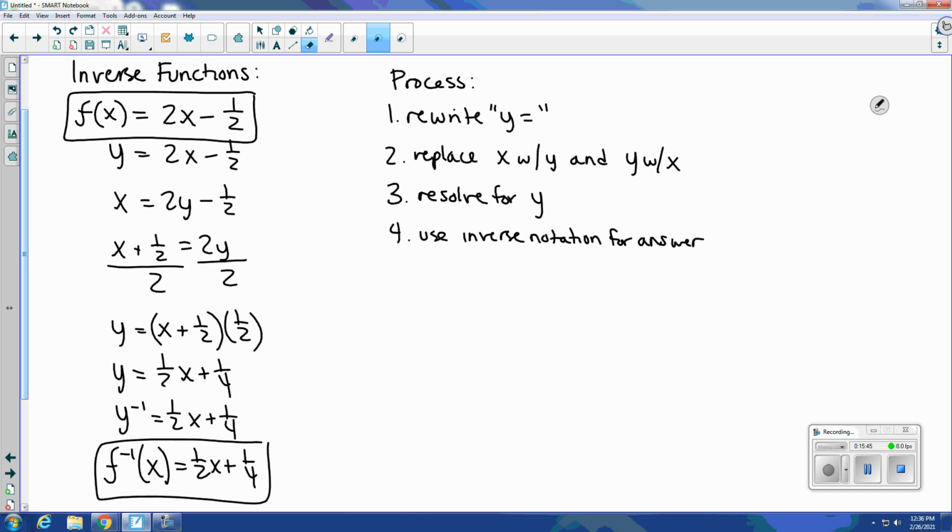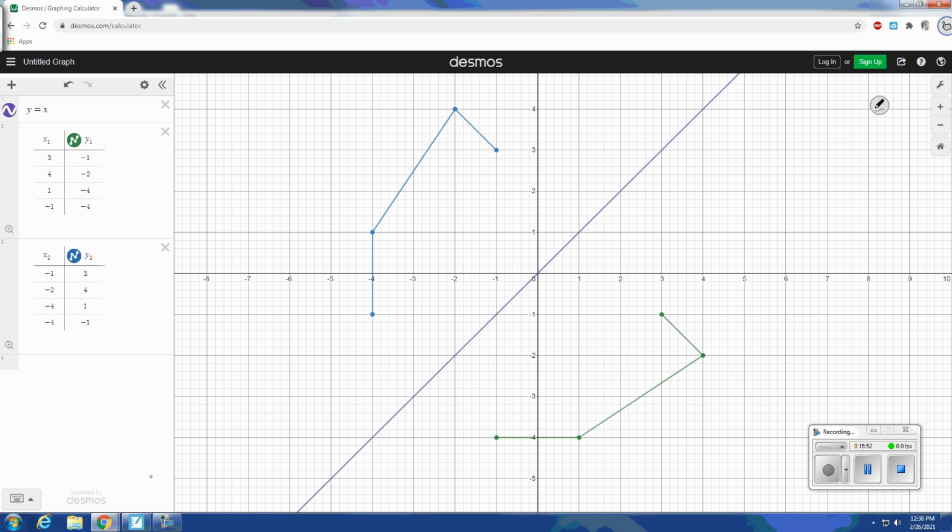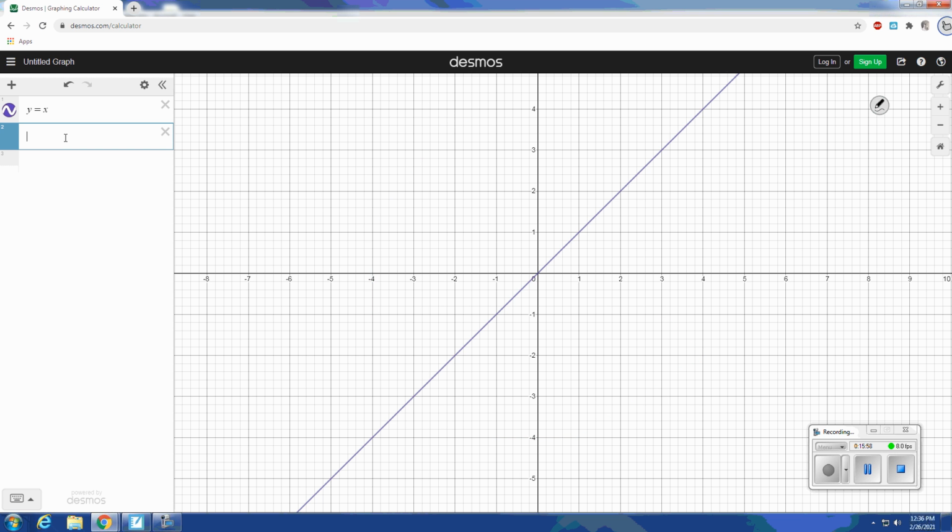So just to check our answer, let's jump over to Desmos. We'll leave y equals x in to check as the line of reflection, but we started with y equals 2x minus 1/2.